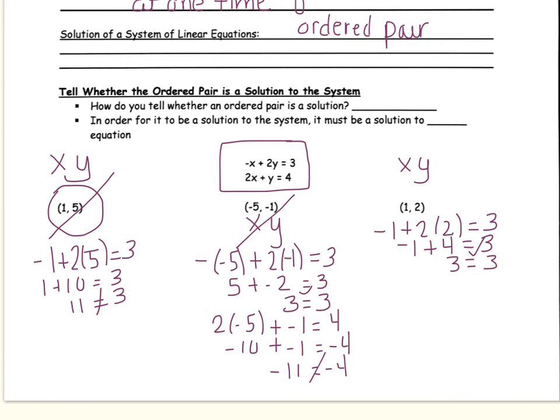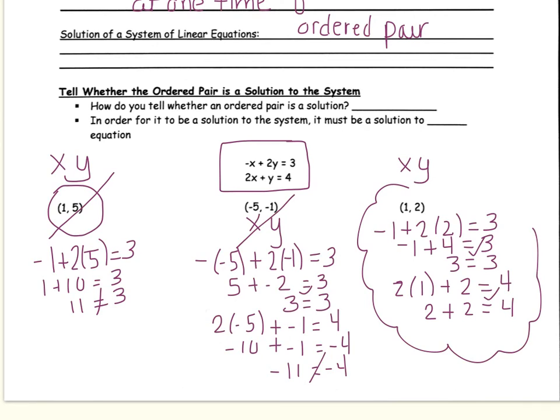Now let's check the second equation. The opposite, 2 times 1 plus 2, does that equal 4? 2 plus 2, does that equal 4? Looks like this ordered pair works in both equations. So we have a solution.